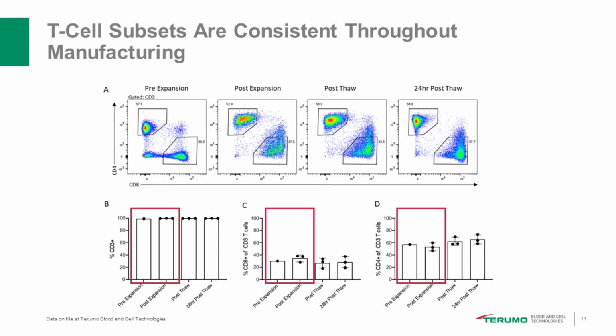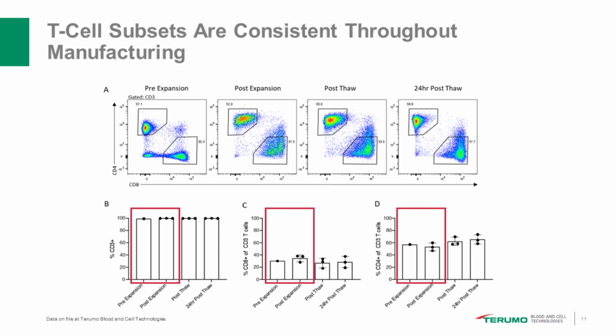In the first column, we took samples from each of the different stages and did analysis on those samples. So you can see we have a pre-expansion, that's pre-loading onto Quantum. Then there's a post-expansion column for when we harvested cells from the Quantum. After that, we placed these cells into another device that we have called the Finia fill and finish system.